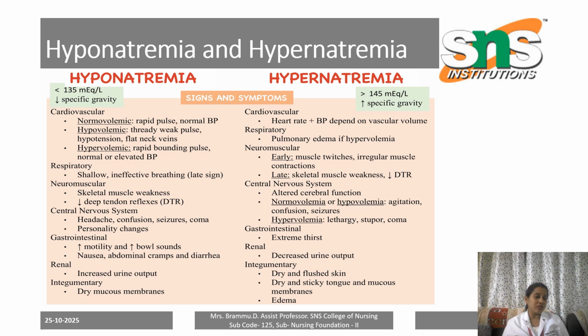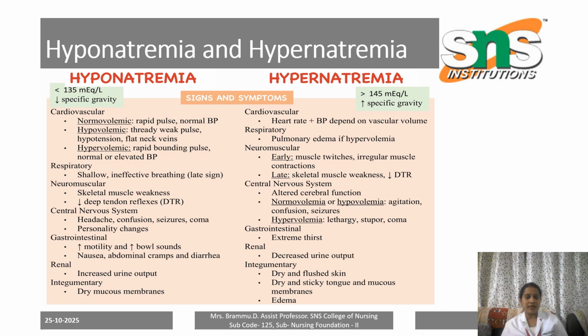And when the volume is very low, the neck veins, that is the jugular veins, are going to be very much flat. Then the last one, in case of hypervolemia, the patient is having excessive volume in the blood, then the pulse, when you feel, is very much rapid and bounding. And in some cases, as the fluid is very high, the BP is also elevated.